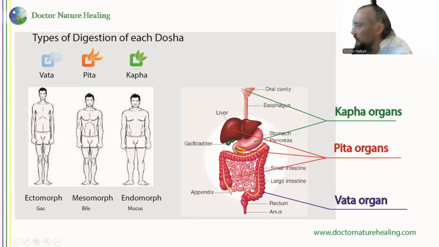So the oral cavity and the stomach are chambers that host the energy of Kapha and define the principle of mucus. The mid portion of the digestive tract with the organs, which is the small intestine, pancreas, and liver, are in the domain of the Pitta dosha and define the process by the principle of bile. And the large intestine is the Vata organ that defines the principle of gas.